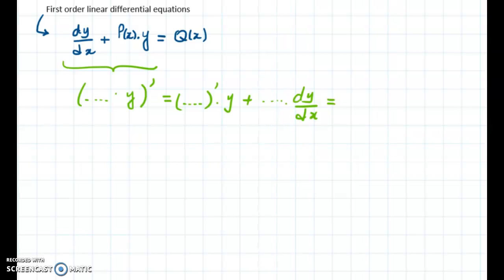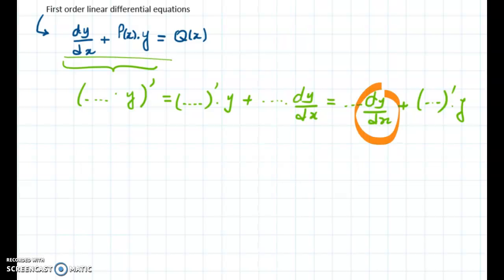Let me change the order of the terms actually, because we have something like this in our original equation. We do have the dy/dx part, that's over here, and then we have something multiplying the y, we have the y over there.